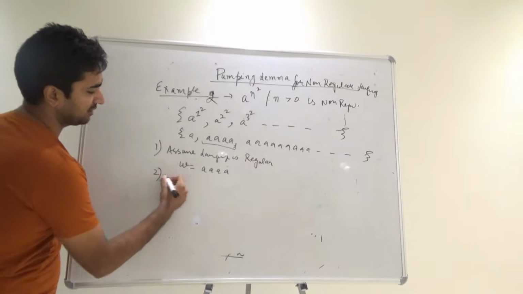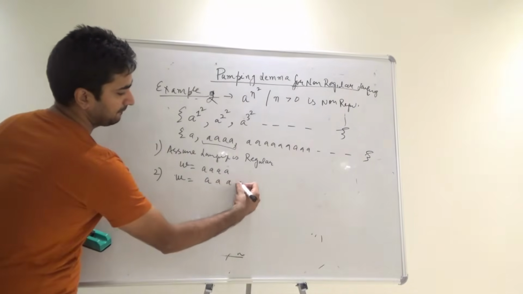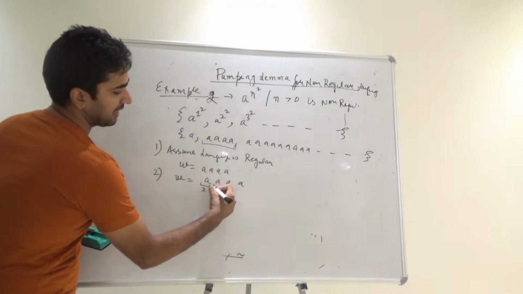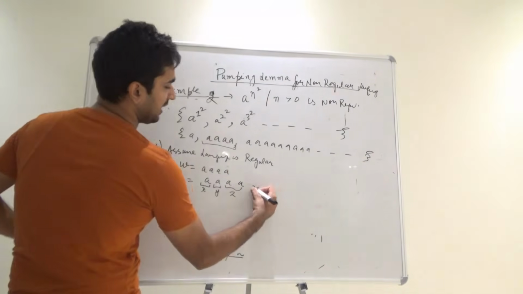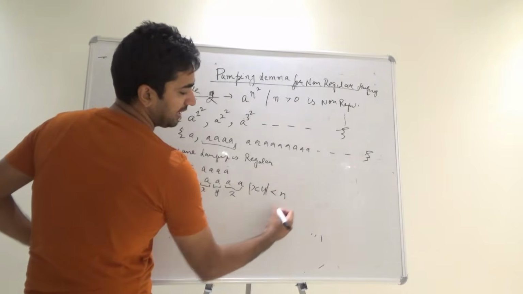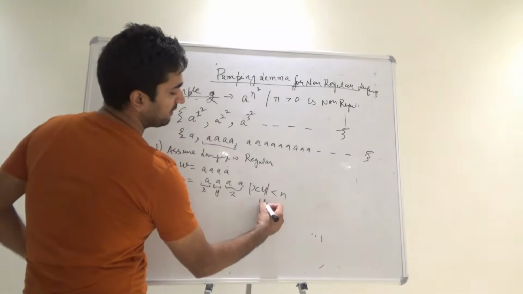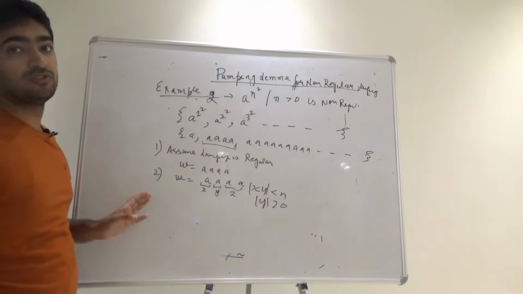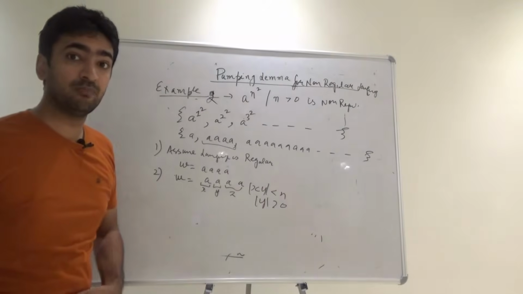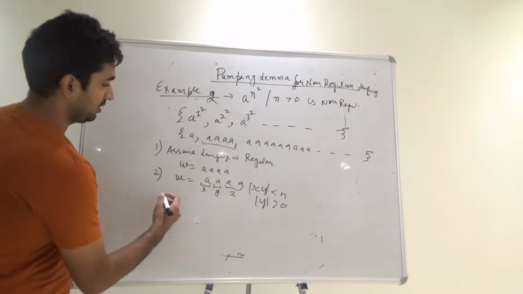Second assumption is to split w into 3 parts. This is x, I am taking this as y and this as z, such that x, y should be less than n. Obviously they will be less than n, and y value is greater than 0, because you are putting a recursion or a loop on some variable, and that variable must have some value.